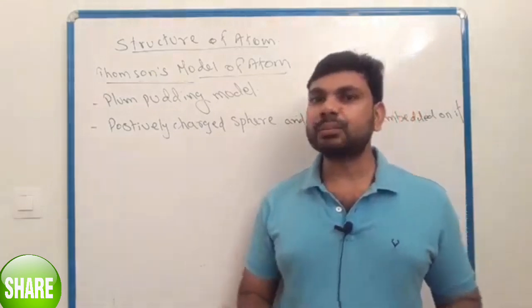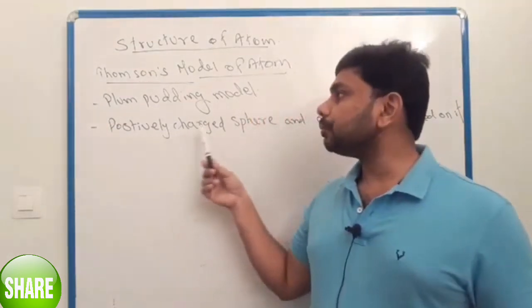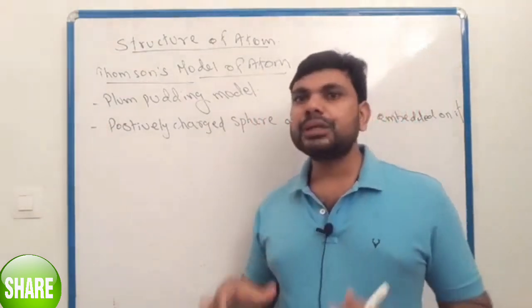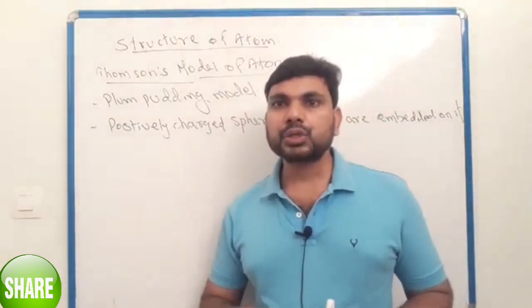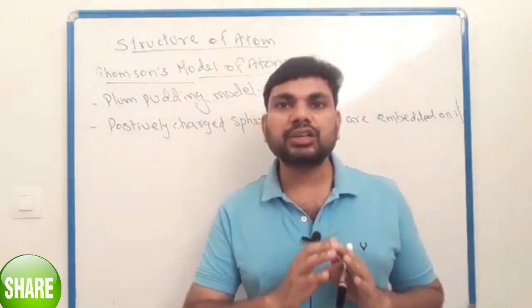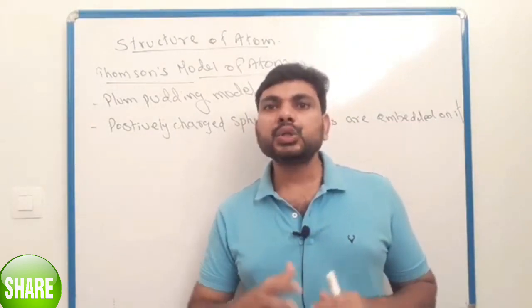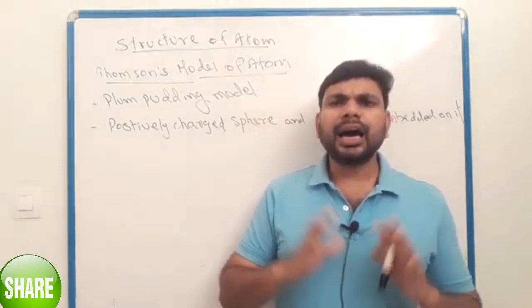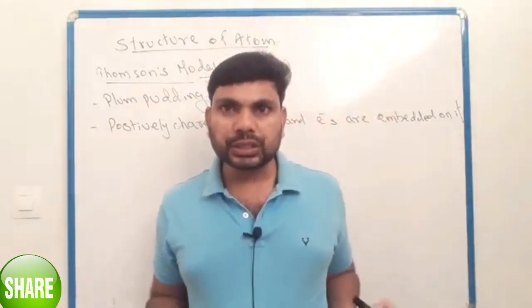Thomson's model of atom is also called the plum pudding model of atom. So the atom will be electrically neutral.